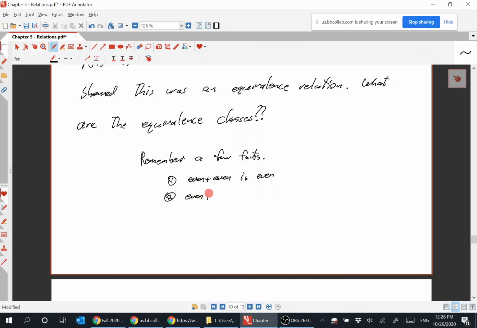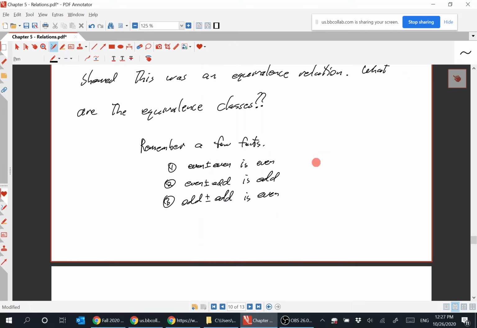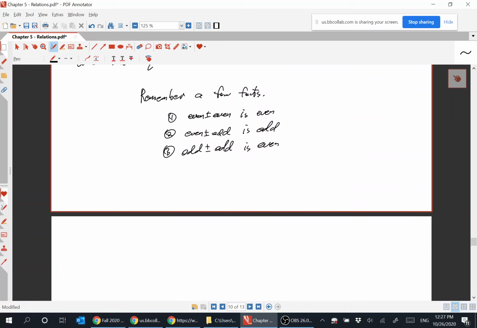Even plus odd is odd, and odd plus odd is what? Take two odd integers and add them, you get what? Even. And not just plus, but plus or minus.